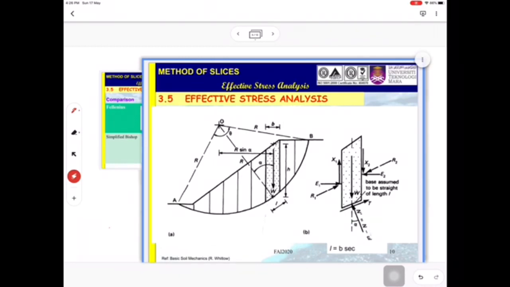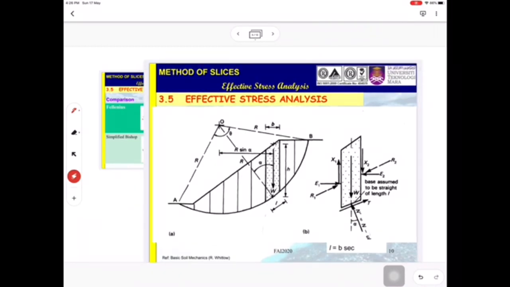Okay, so for effective stress analysis, it is actually still the same as total stress analysis. You divide it into a few slices.